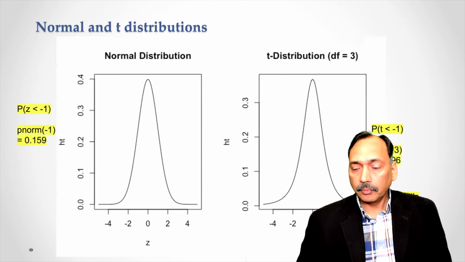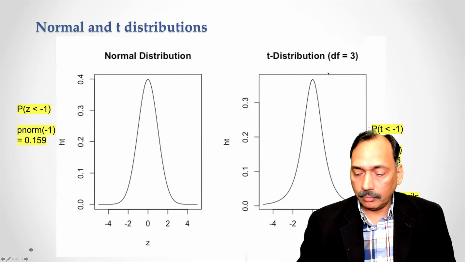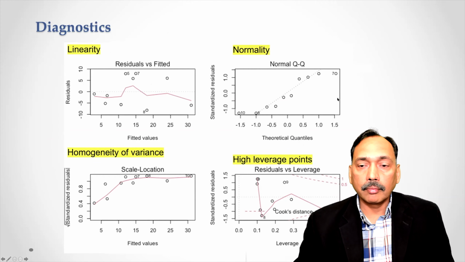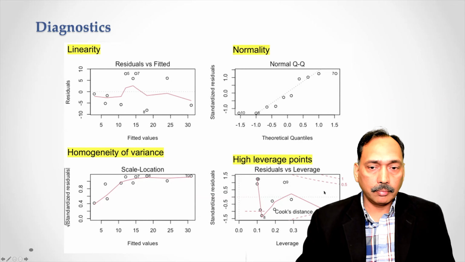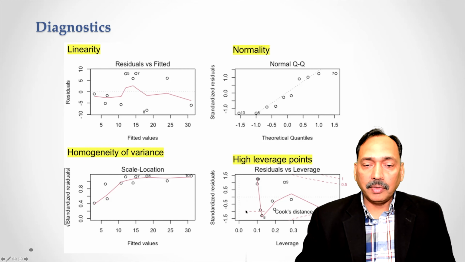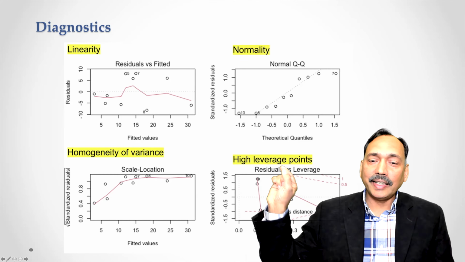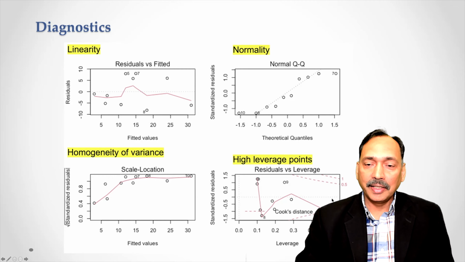I have a quick question. On the last plot, there was a small portion with the red dotted line in the lower left-hand corner of the high leverage points. This one? Yeah. What is that? Oh, that's just the label for Cook's distance. So it only means that the dotted line is nothing but Cook's distance.